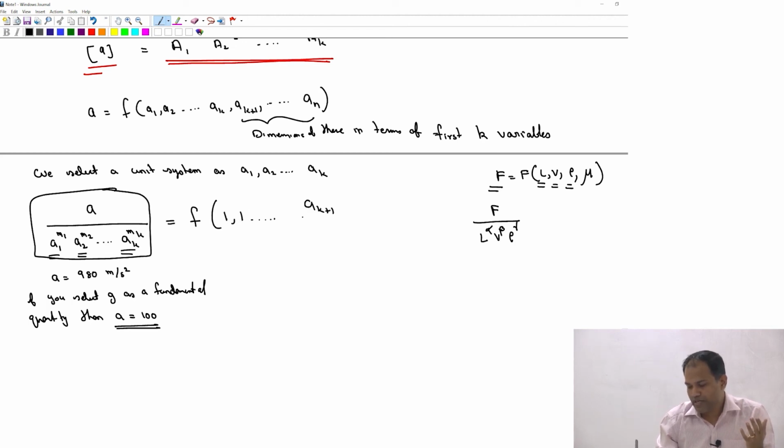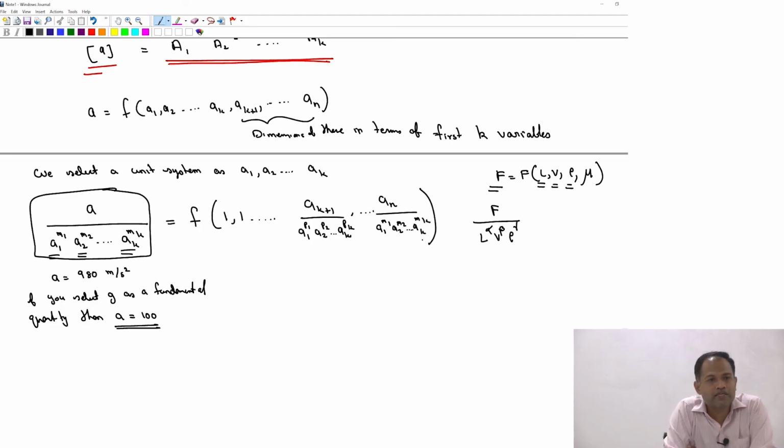AK plus 1 measured in terms of A1, A2, etc. up to AK will be A1 to the power of P1, which we do not know, A2 to the power of P2, etc. AK to the power of PK, and so on, all the way up to variable AN, which will be measured as A1 to the power of M1, A2 to the power of M2, some arbitrary powers, AK to the power of MK. That's what we would get if we take a unit system spanned by the first k variables.